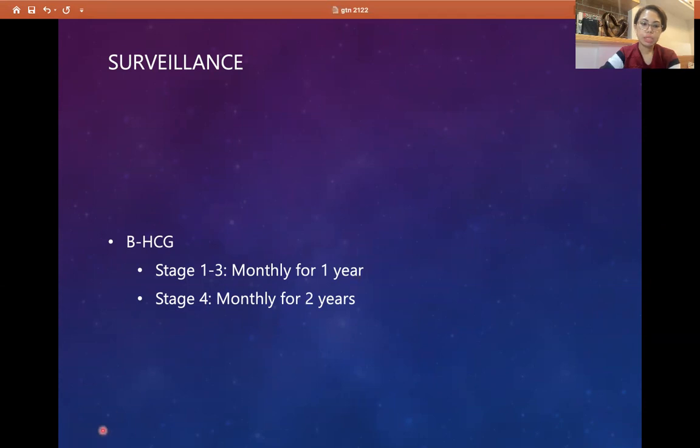So basically, these are the information that you need for gestational trophoblastic diseases. If there are questions, I'll meet you in class.